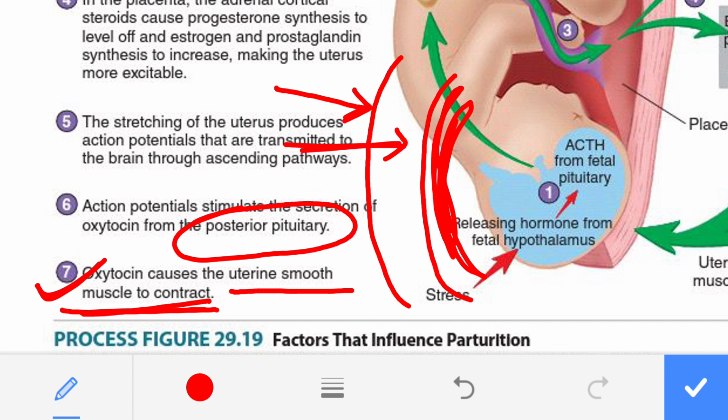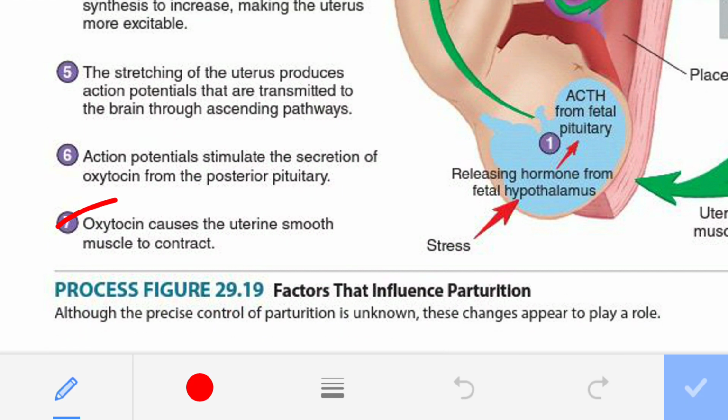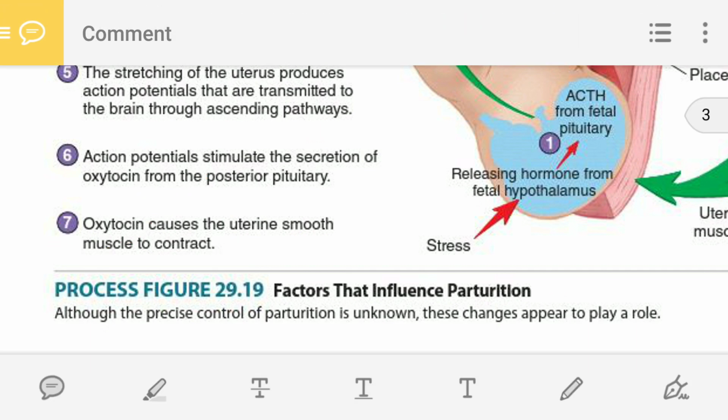And we know that this myometrium is made up of smooth muscle. Okay, so what is this oxytocin doing? So oxytocin is basically affecting the myometrium of the uterus, and due to the effect of oxytocin, the muscles of the myometrium are contracting.